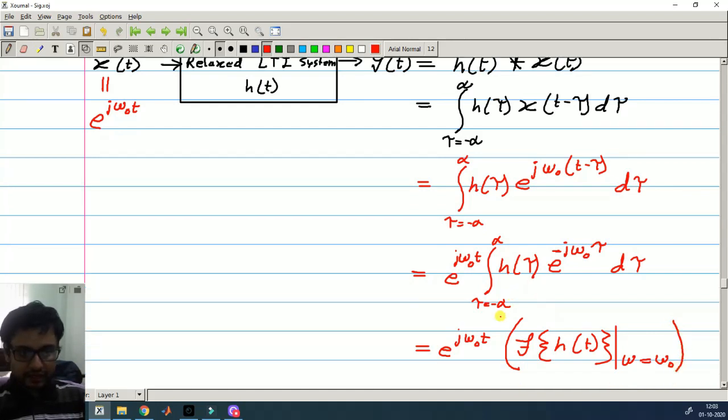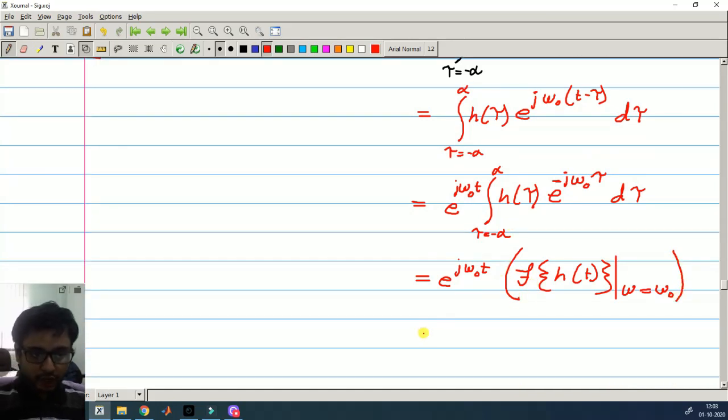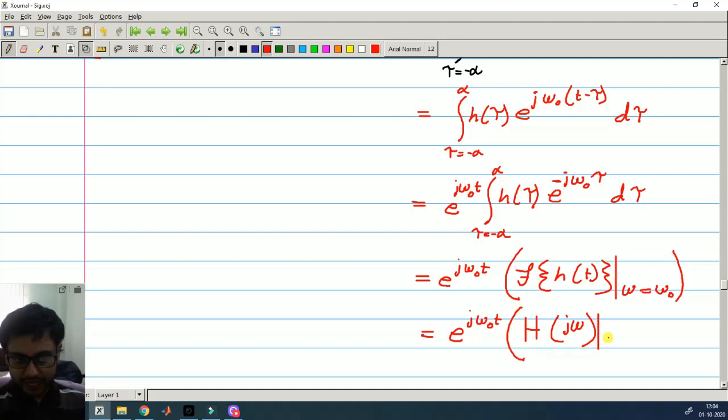Using our new notation, I can write this as e to the power j omega naught t multiplied with capital H of j omega. This is the Fourier transform of the impulse response, and this is evaluated at omega equal to omega naught.